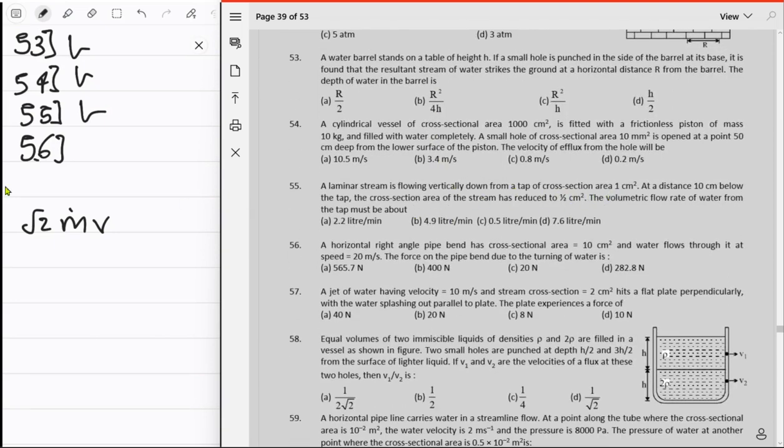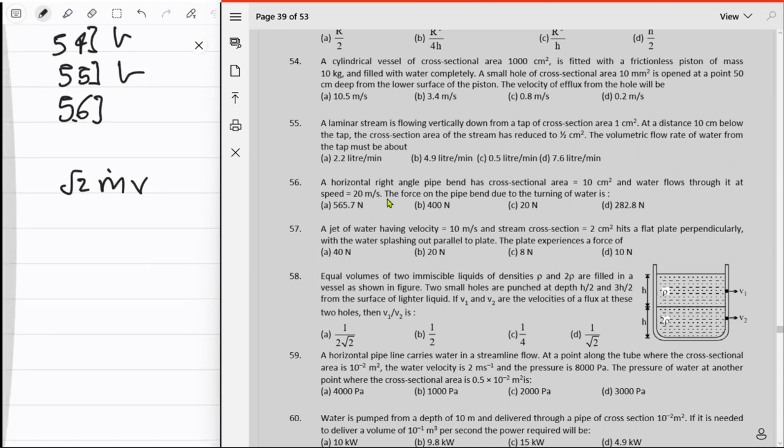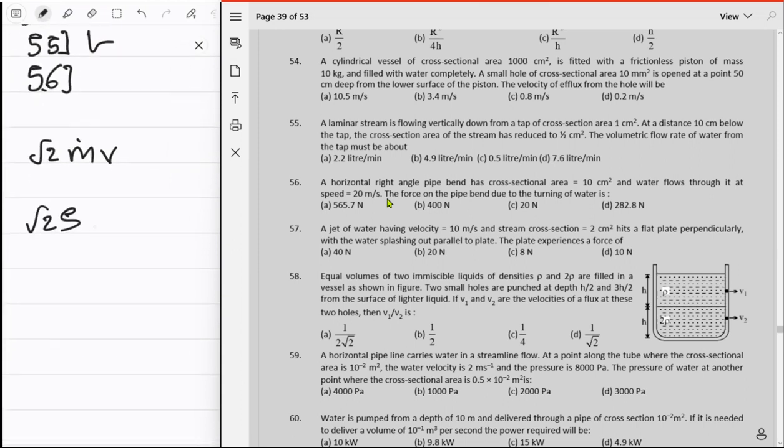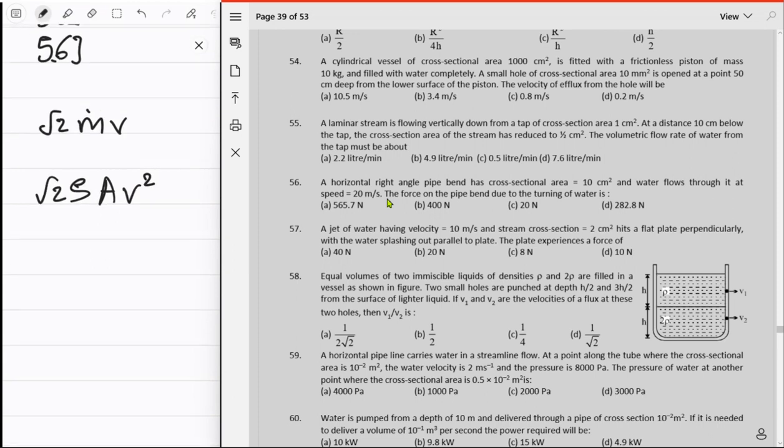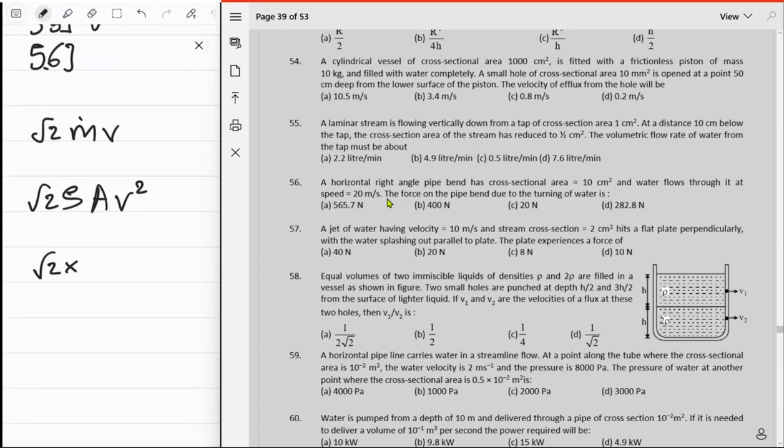Okay. Cross-section area is given. Water flows through it at some speed. Okay, cool. This is like square root of 2 times rho, and then you got a v squared. Which is how much? What is our density though? 10 power 3 is water, right?